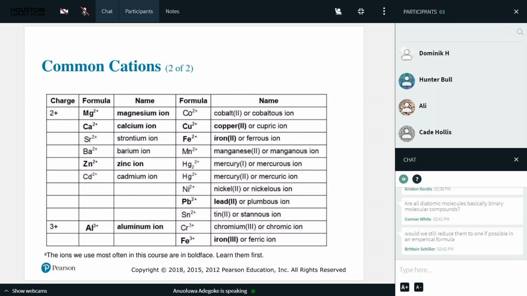Now, these are also the continuation of the monoatomic ions. Now, let's come to transition elements. I hope you have your periodic table in front of you. Transition elements have variable charges.